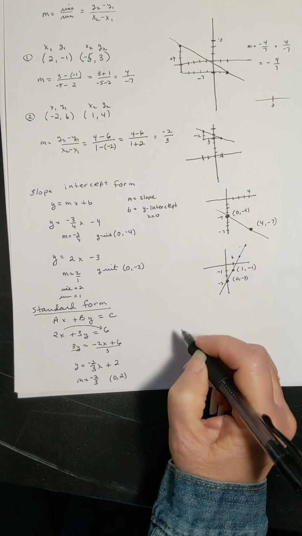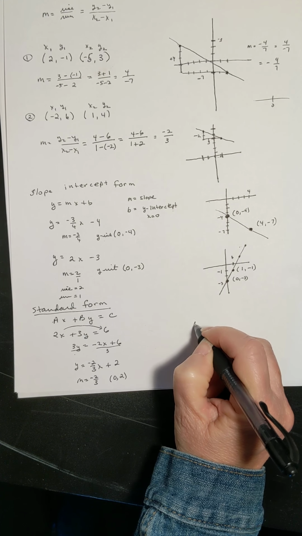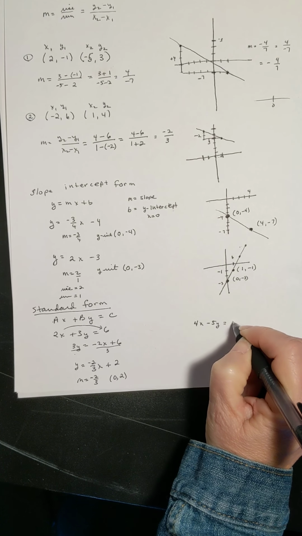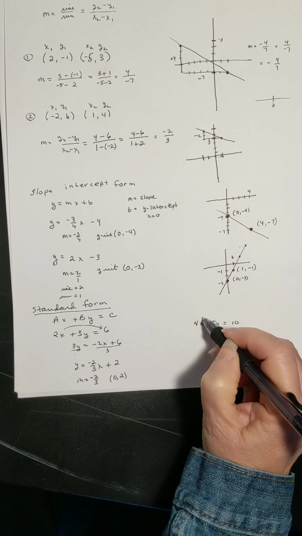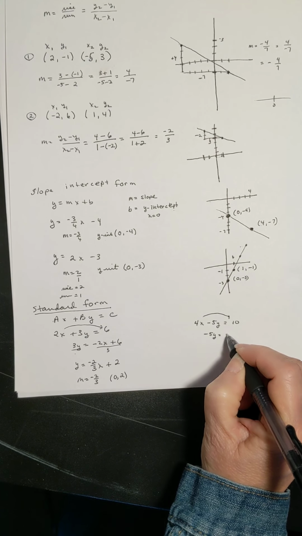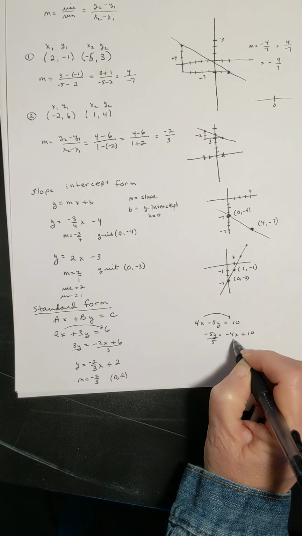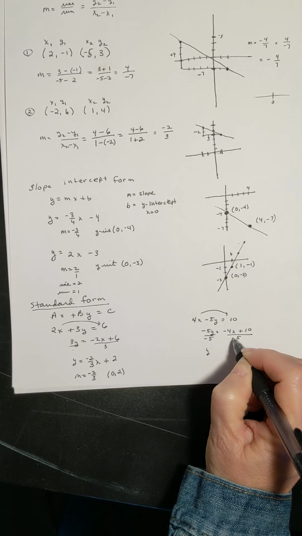All right, let's look at another one of those, and you try this one on your own. 4x minus 5y equals 10. All right, so the first thing I'm going to do is I'm going to bring the 4x over. And I'm going to divide everything by negative 5.